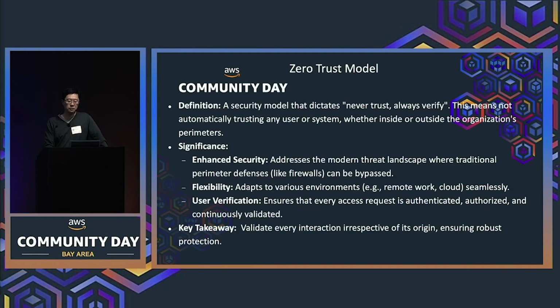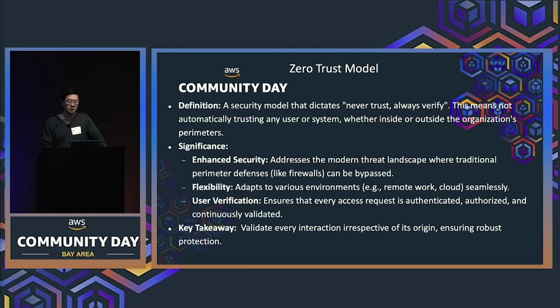The third key principle of security is a zero trust model. This security model dictates that you should never trust and always verify. This means not automatically trusting any user or system, whether inside or outside the organization's perimeter, okay?